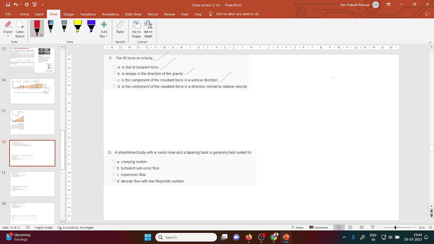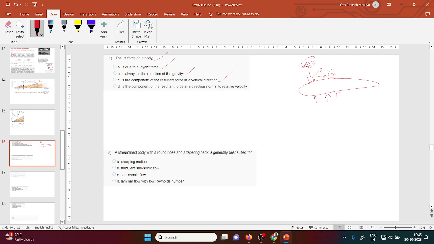Like a body is there, and on the body the shear force is acting and the pressure is also acting. Due to the pressure and the shear force, one resultant force comes into the picture, and the components of the resultant force are one the lift and one the drag. In the vertical direction is the lift force.